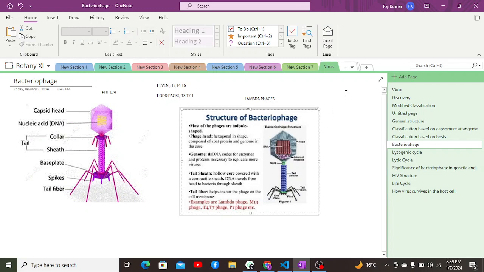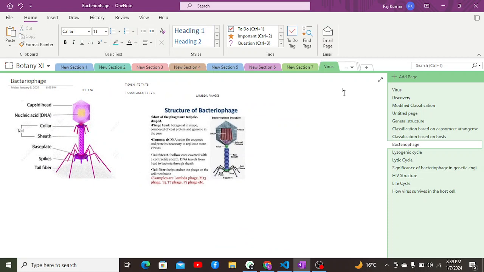The head part involves, first and foremost, the capsid, which is made up of capsomeres, and in bacteriophages around 2000 or more capsomeres are present. Apart from which, the viral genome includes a double-stranded DNA, which is linear DNA, not circular DNA.